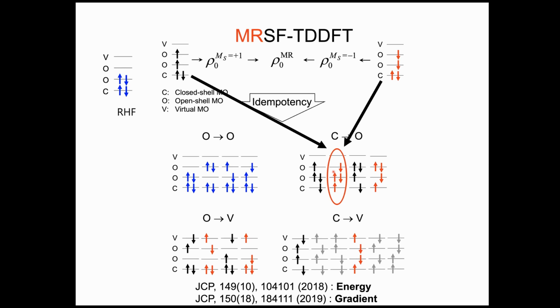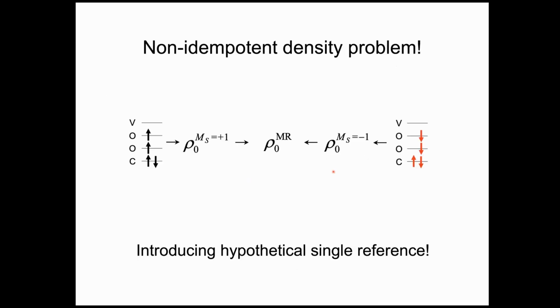That's exactly what we did, but it wasn't easy, because of the idempotency problem. Linear response theory is a single reference theory. But what we are suggesting here is using two references, which means a multi-reference.